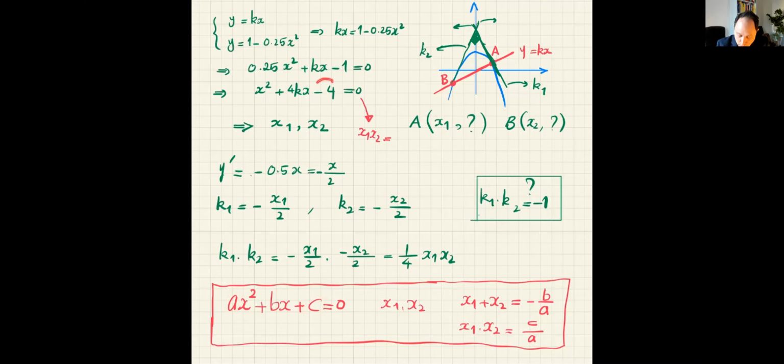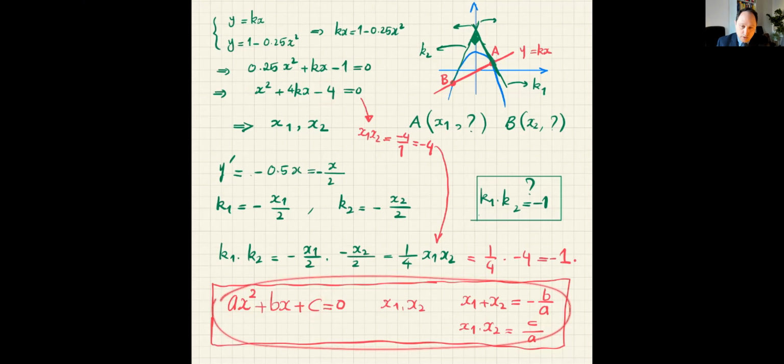But in this problem, c is -4, a is 1. So this becomes -4 divided by 1, which is -4. And then if I plug it back here, then it becomes 1 over 4 times -4, which is -1.